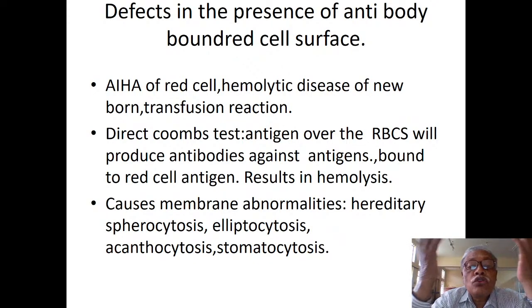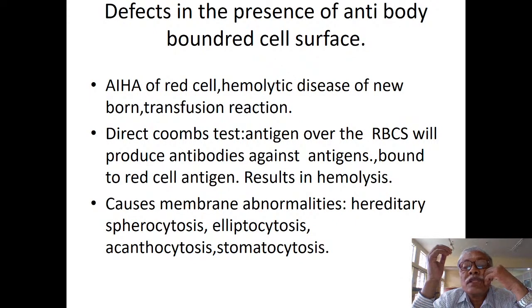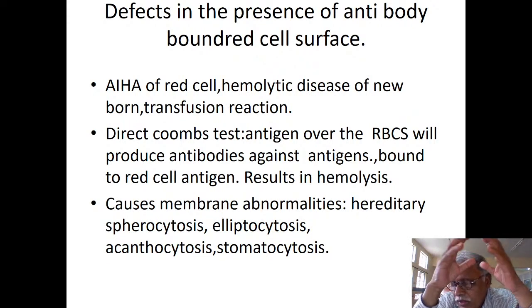And in the direct Coombs test, antigen over the RBCs produces antibodies bound to the red cell antigen, resulting in hemolysis.